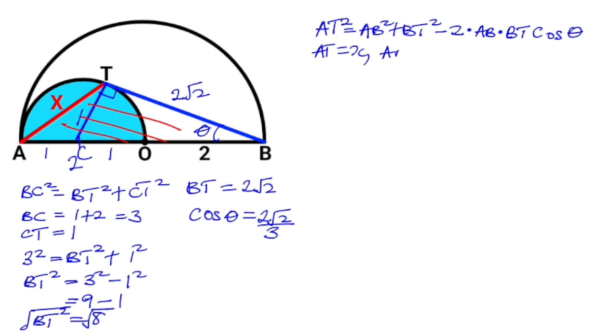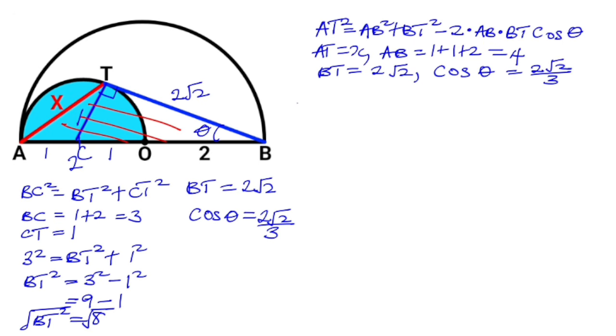AB is equal to 1 plus 1 plus 2, which is equal to 4. BT is equal to 2 times the square root of 2. And cos theta is equal to 2 times the square root of 2, all divided by 3.